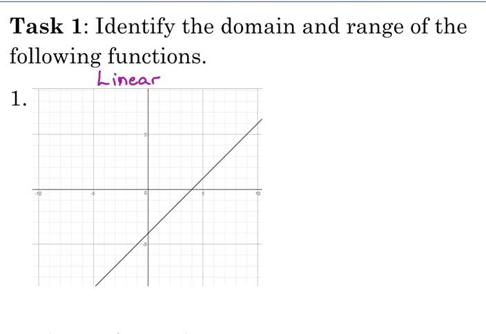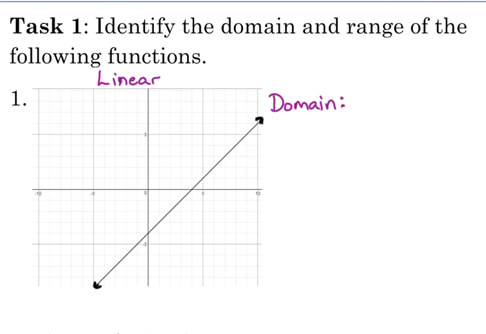All right, so when I'm looking at a graph and I'm trying to identify my domain, since I'm talking about x values, I always look at it from left to right. And I'm looking to see, are there any gaps? Or is there anything that's missing? Now, yours doesn't have this on it, but you can add it. There should be arrows on the ends here because this does continue forever.